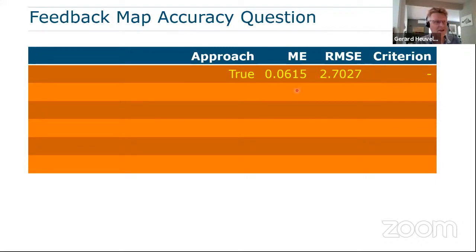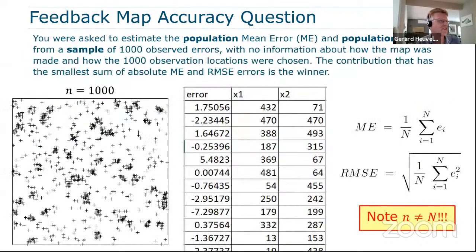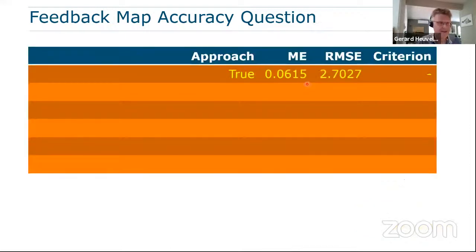I got estimates of both of them, and I simply took the absolute difference between the true and estimated and added up those 2 absolute differences. And that gave us the criterion, because that's also what the exercise said: the contribution that has the smallest sum of the absolute ME and RMSE estimation errors is the winner.